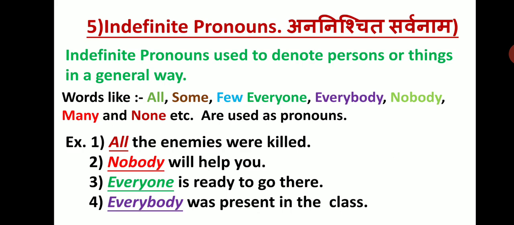First, all the enemies were killed. Nobody will help you. Everyone is ready to go there. Everybody was present in the class. In these 4 examples, indefinite pronouns used are: all, nobody, everyone, everybody.